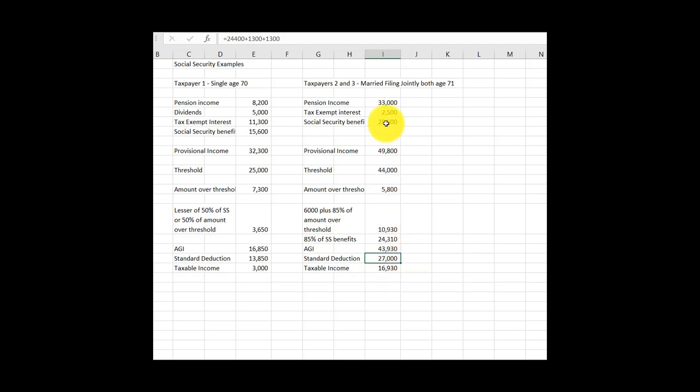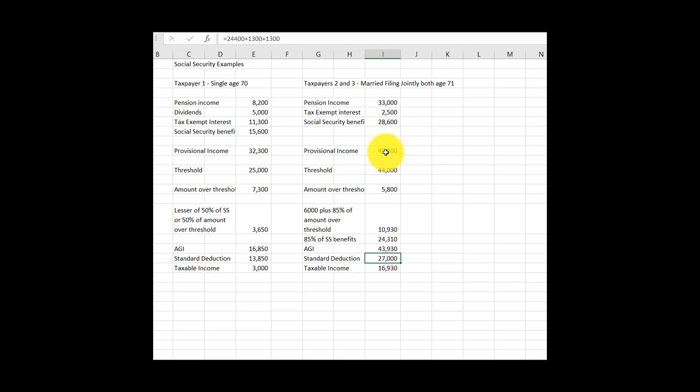So again, tax exempt interest was used just to calculate provisional income. Provisional income is only used to calculate how much of your Social Security benefit is included in income. It is not used or put anywhere on the return. There is a worksheet that you can fill out that walks you through this process as well.